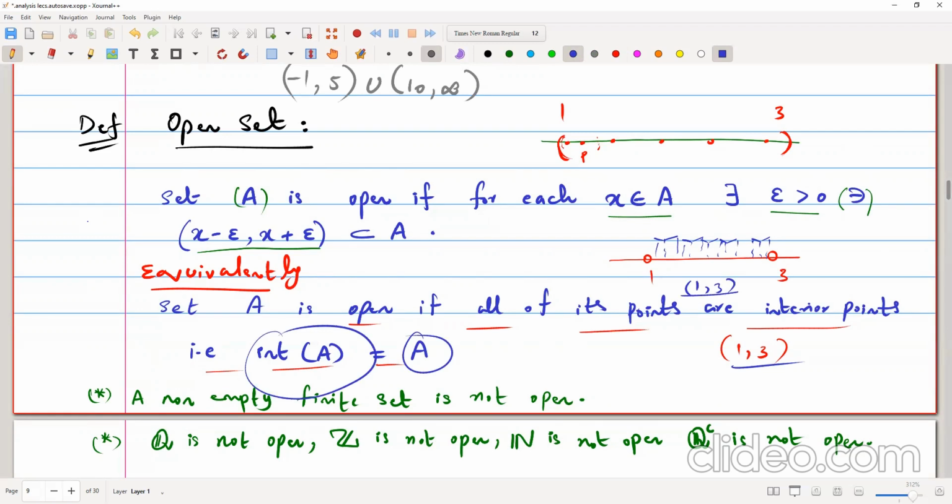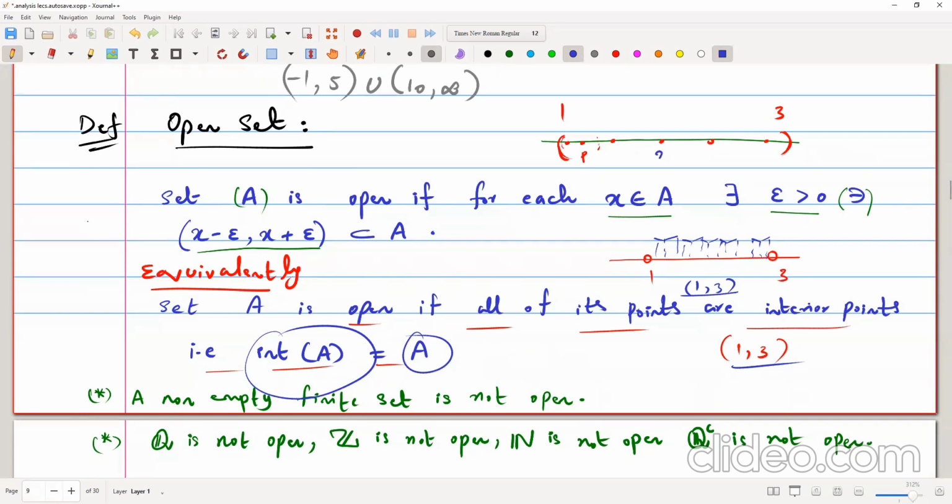So for an open set, the definition is that set A is open if for each x, for any element of the set, there exists some epsilon greater than 0. Epsilon greater than 0 simply means there should be points around it.